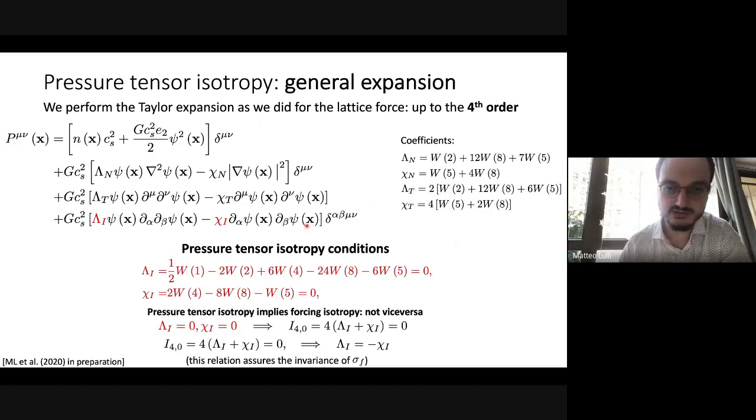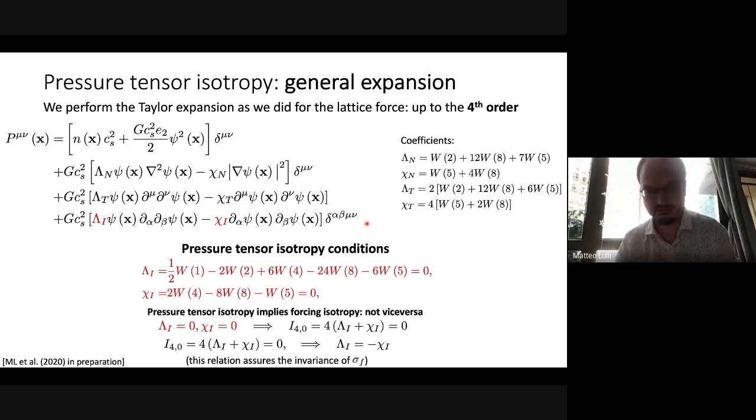As you can see, there is this last line that survives. Now the question is, if we implement the fourth order isotropy for the forcing, do we get rid of this last line? And the answer is no. Why? Because these are the two coefficients that I marked in red.